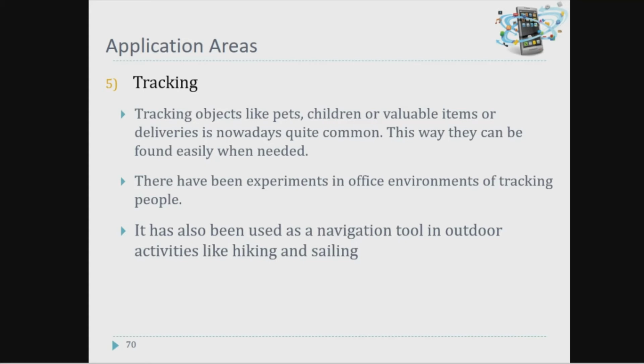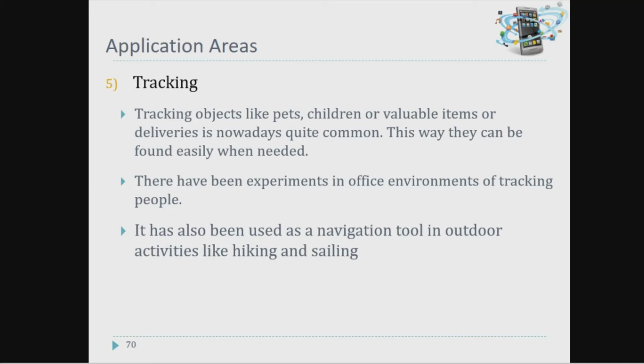There have been experiments in office environments of tracking people. We can use GPS technology for tracking purposes. It has also been used as a navigation tool in outdoor activities like hiking, sailing, or cycling maybe.